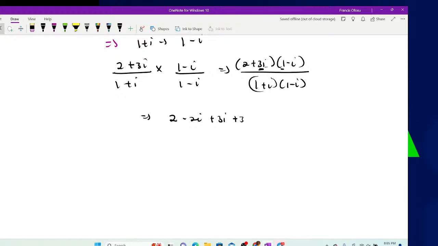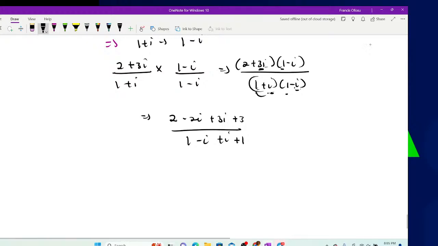So you get plus 3. All over, 1 times 1 is 1. 1 times negative i is negative i. Positive i times 1 is positive i. Then i times negative i will give us what? Plus 1, because i squared is negative 1, and the negative times negative gives us positive.